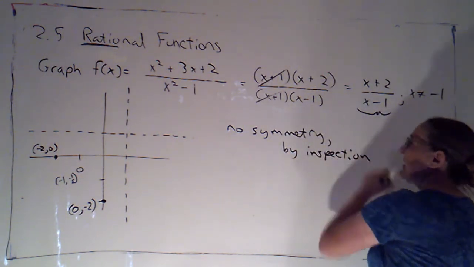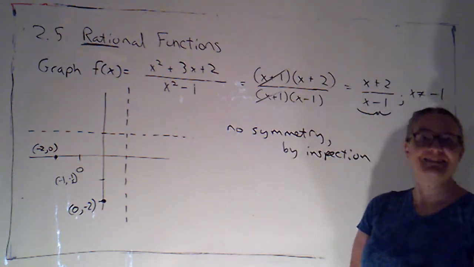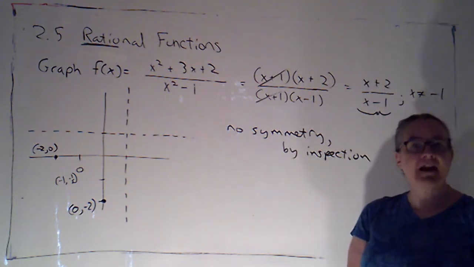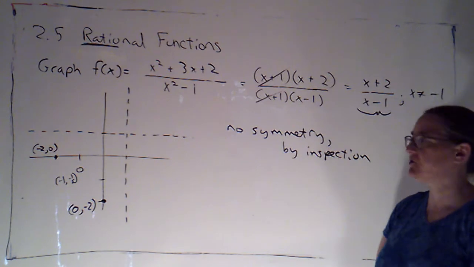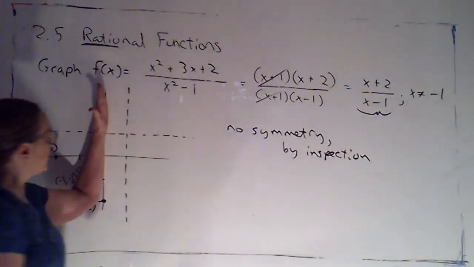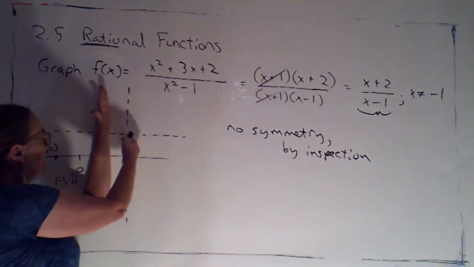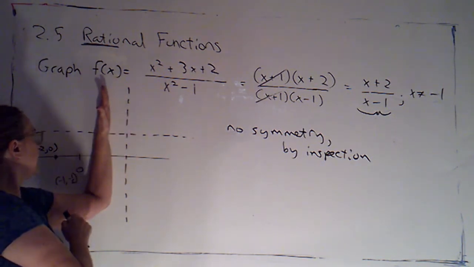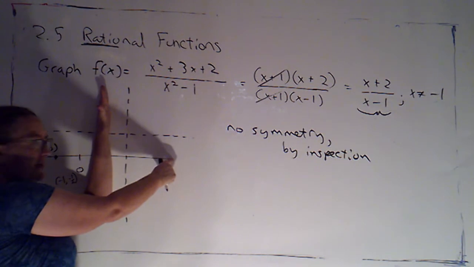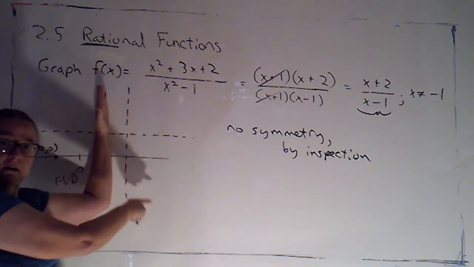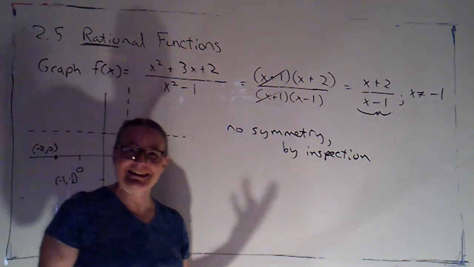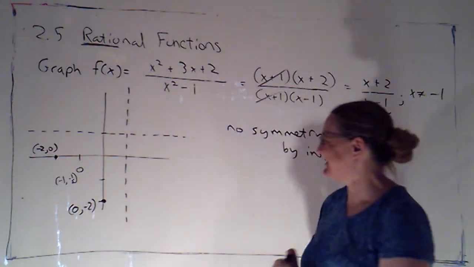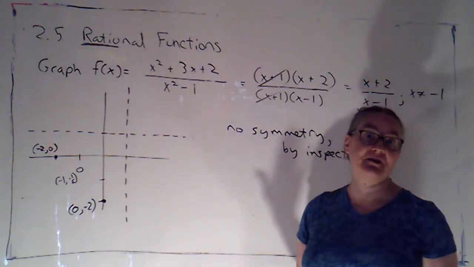Once you've plotted the intercepts and the asymptotes, you can very often tell if there's no symmetry. If we were going to be symmetric about the y-axis, there would have to be a vertical asymptote over here, because there's a vertical asymptote over here. There would have to be a point over here, and there would have to be a hole over here. Okay? I can see things, points, holes, and asymptotes in this case, that don't have a mirror image.